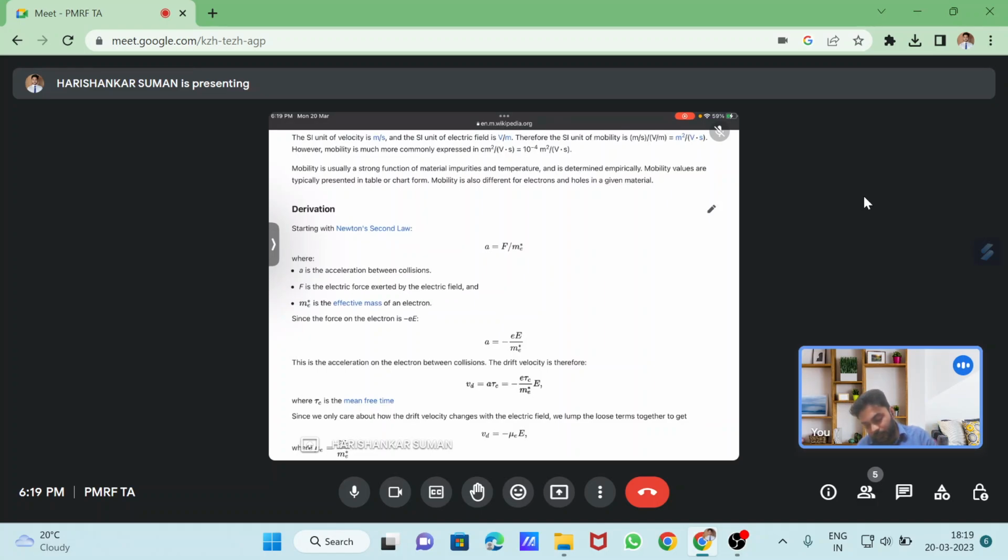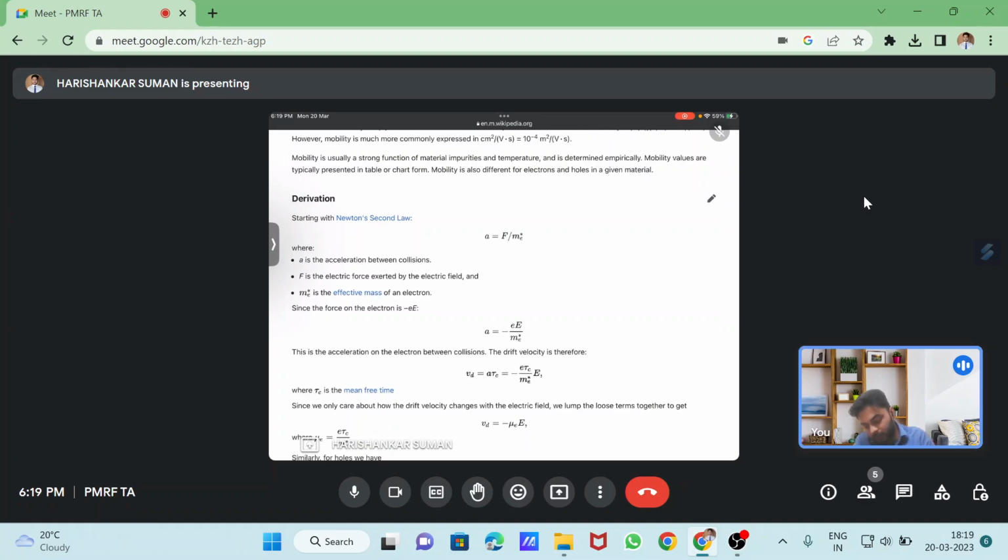F is the electric force from the electric field, and m is the effective mass of the electron. Force equals qE, where q is the electronic charge. So acceleration can be written as a = -eE/m, the acceleration of the electron between collisions.